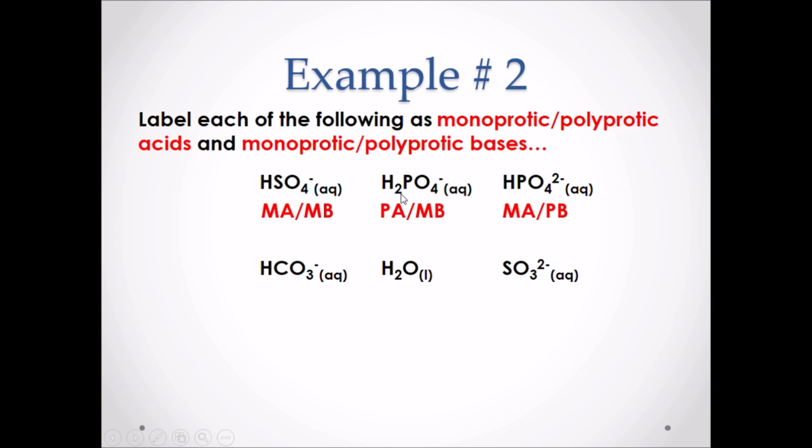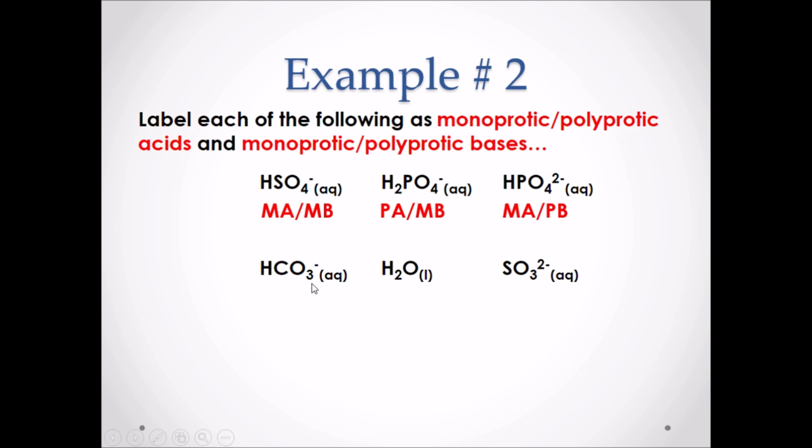Our next chemical formula, H2S, has 2 hydrogens, therefore it's a polyprotic acid, and it has a charge of -1, making it a monoprotic base. Our third chemical formula, HPO4 2-, has 1 hydrogen, making it a monoprotic acid, and it has a charge of 2-, making it a polyprotic base.